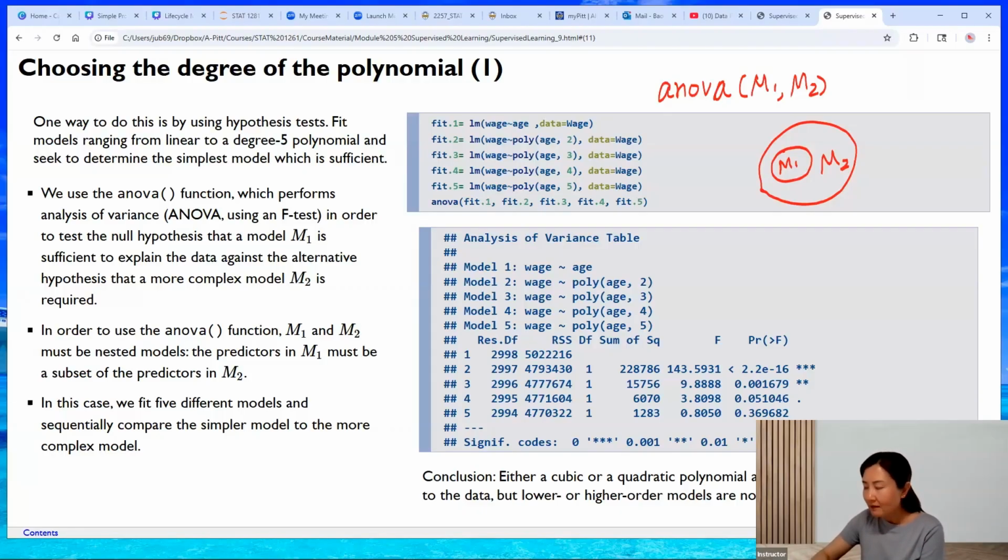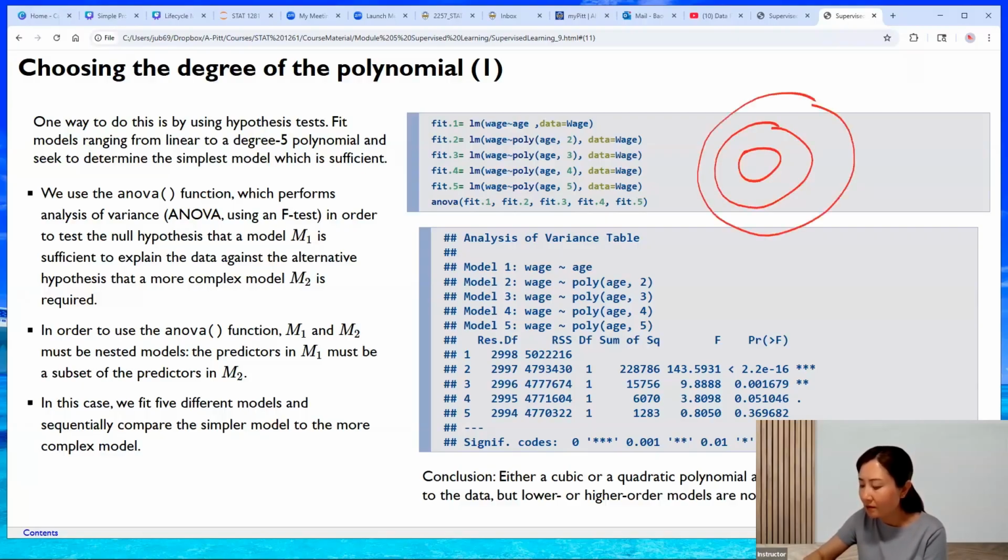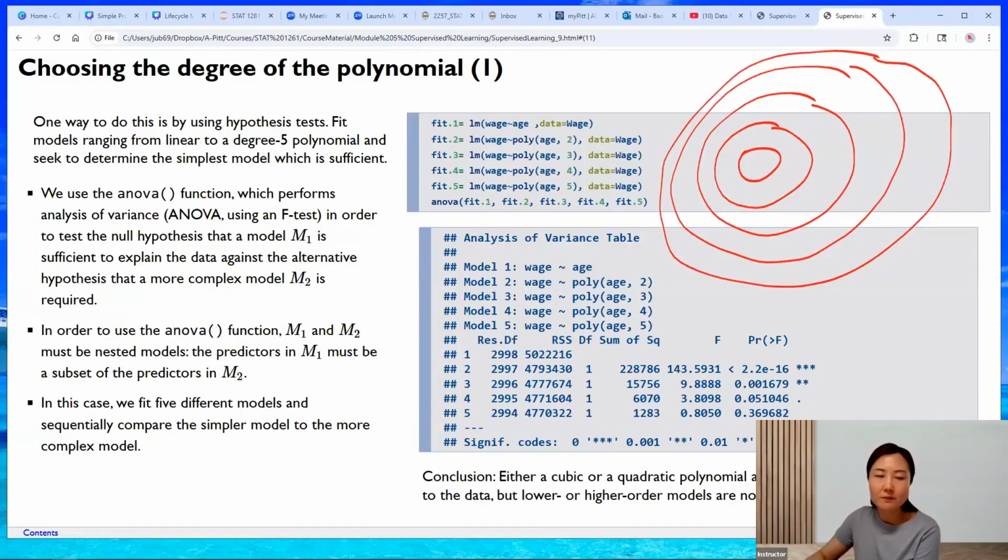And in general, it can actually compare multiple models at the same time, as long as they are nested. So in our example, we will consider 5 different models, gradually adding terms to make the model more and more complex.